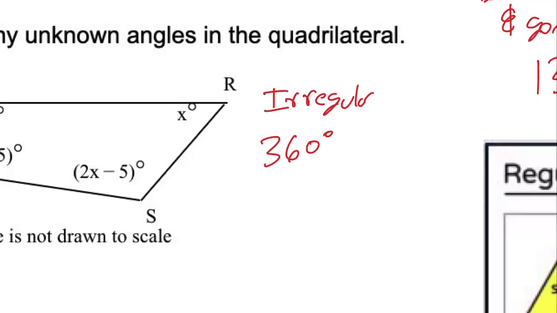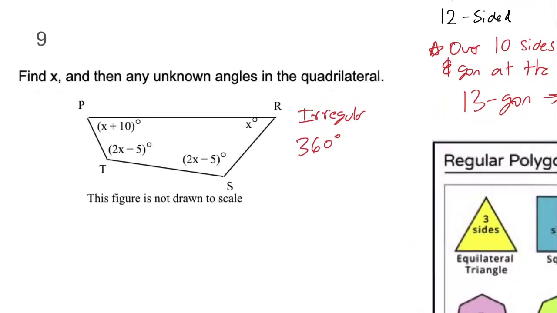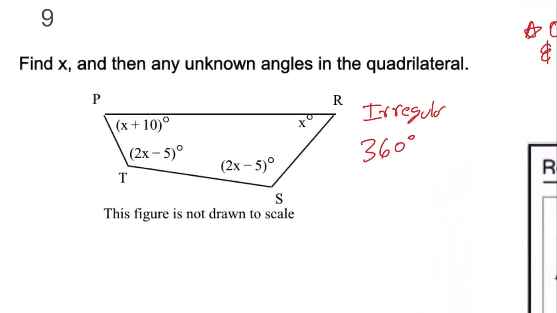360 degrees. So technically, we didn't even have to use a formula for this because we know it's an irregular polygon. Then we know they have to add up to 360 degrees. But you could apply the formula again because technically you would have to if you didn't know it.